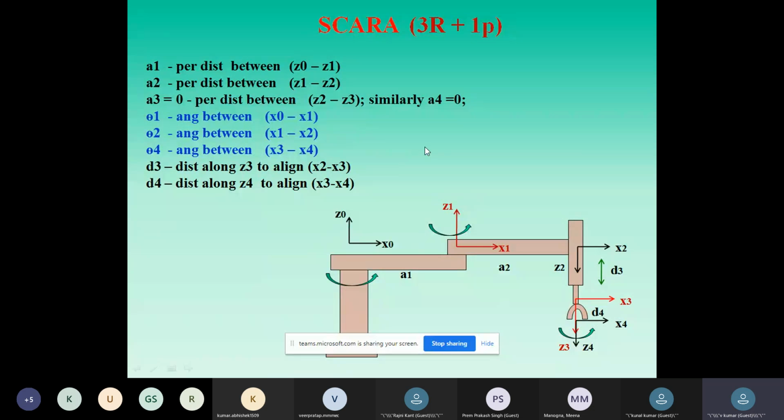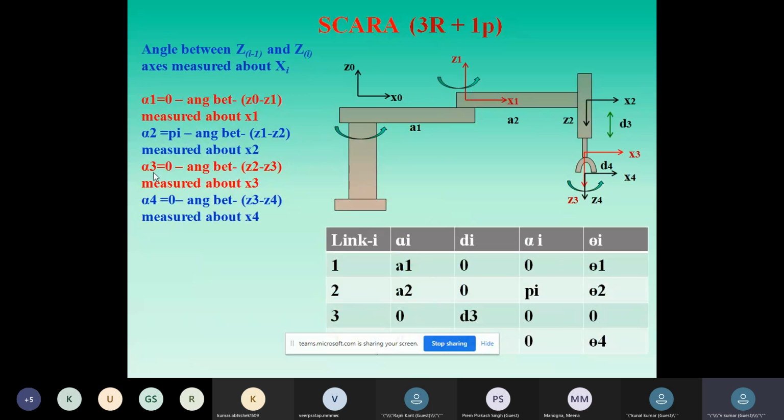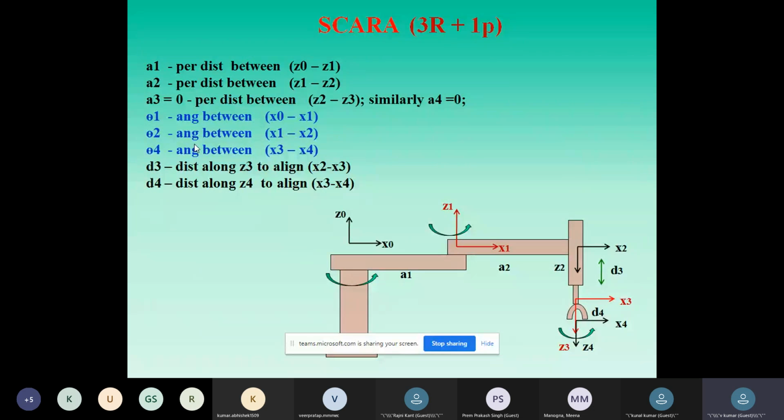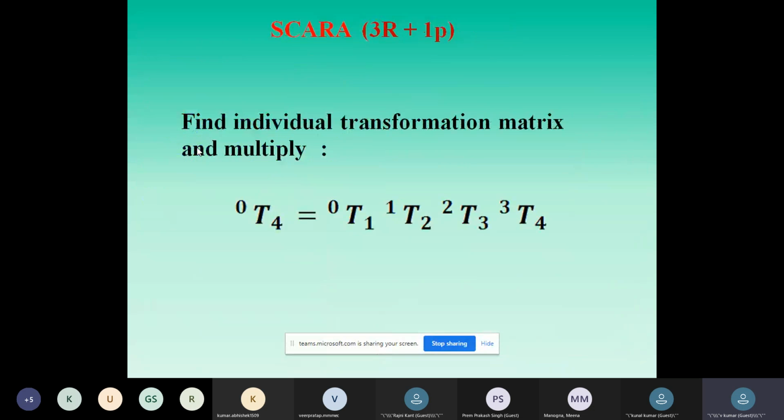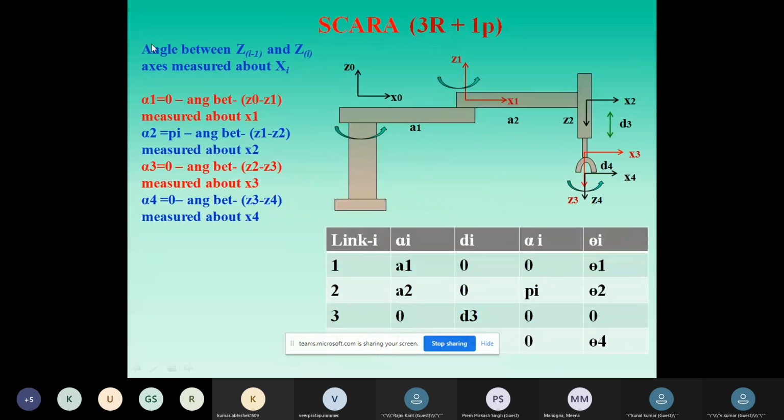We know the link length, link angle and joint distance. Then we calculate the twist angle, the last parameter. Alpha 1 is 0, because the angle between Z0 and Z1 measured about X1 is 0; both are parallel.